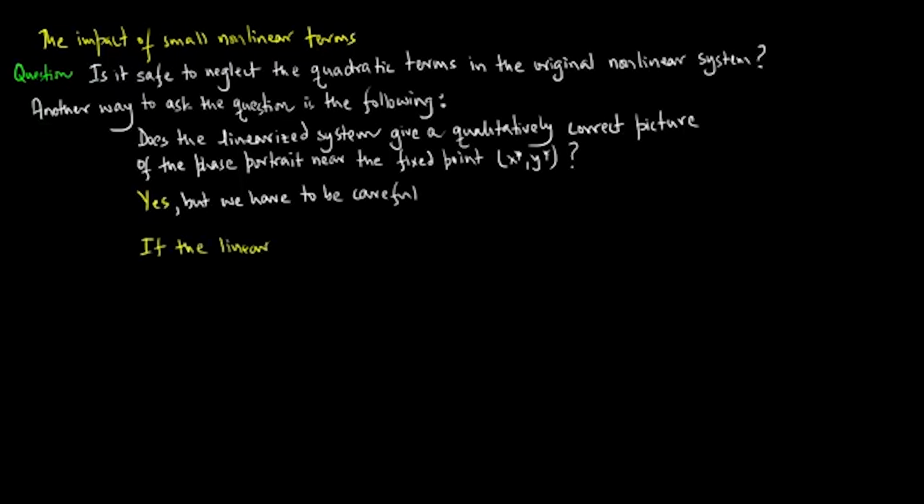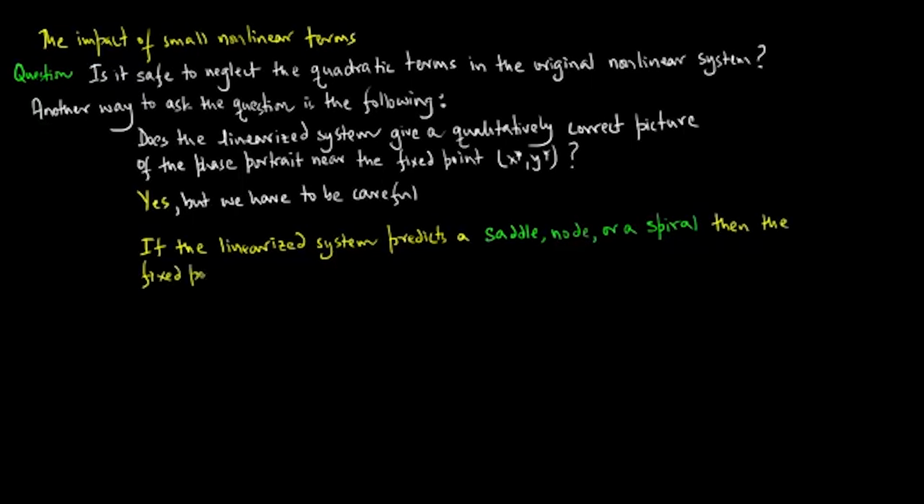If the linearized system predicts a saddle, a node, or a spiral, then the fixed point really is a saddle, a node, or a spiral for the original nonlinear system.